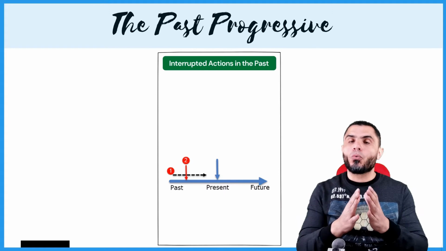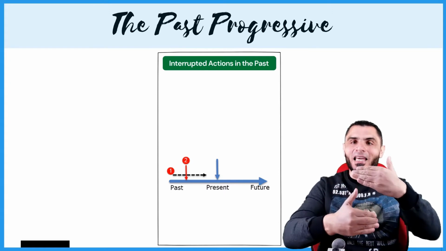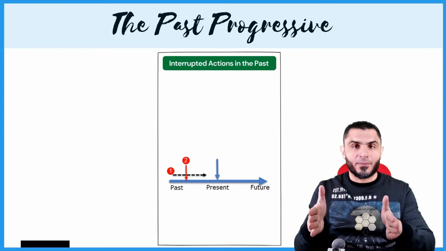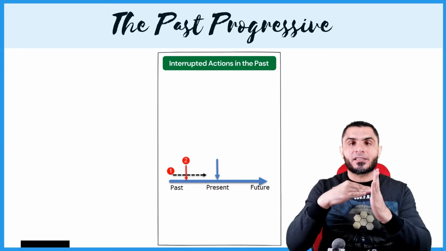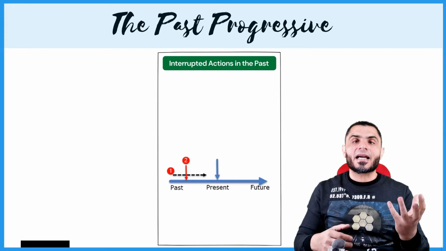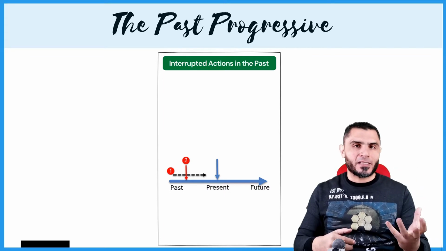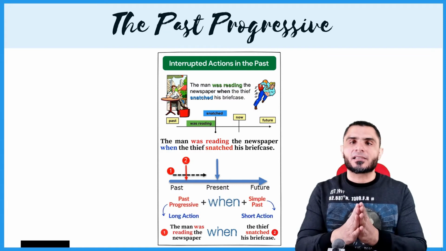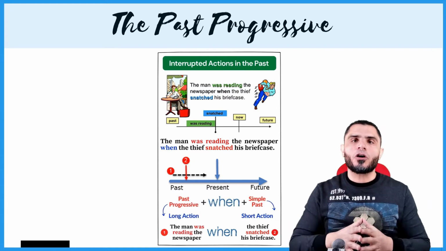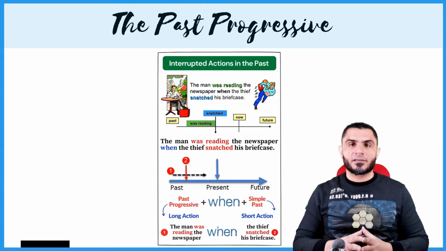In other words, one was happening during a period of time in the past, and then another action interrupted it. So the long action must take the past progressive tense, and the short action must take the simple past. Got it? Let's go over these pictures to better understand.